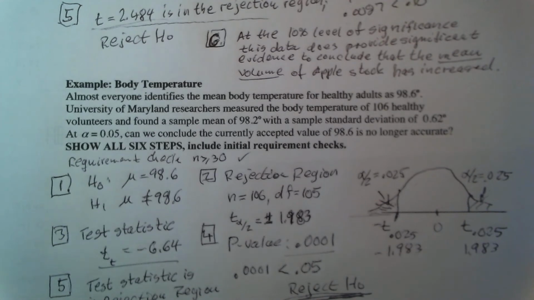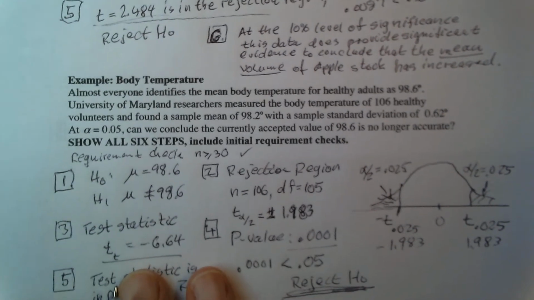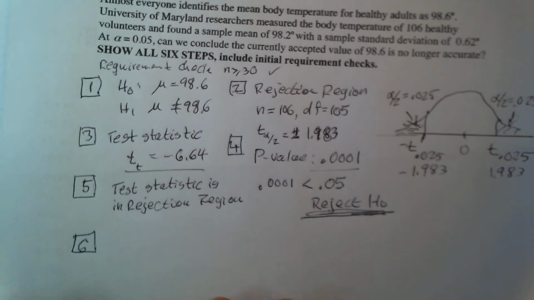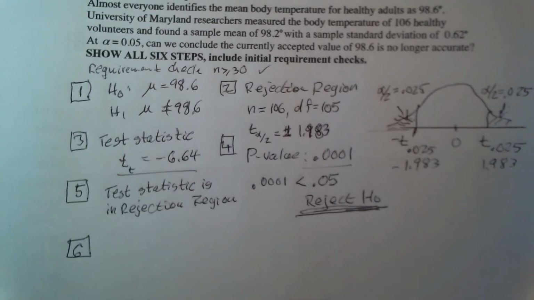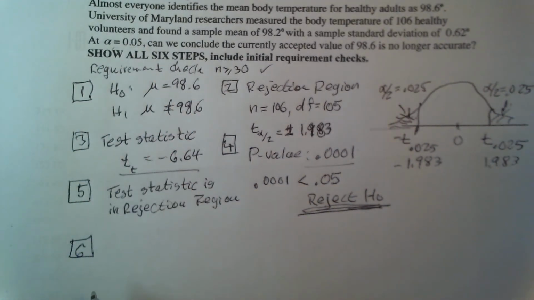So now we can write our concluding statement. And that'll be that at the 5% level of significance, that's what alpha was, this data provides strong evidence to conclude that the mean body temperature of healthy adults is different from 98.6 degrees Fahrenheit.